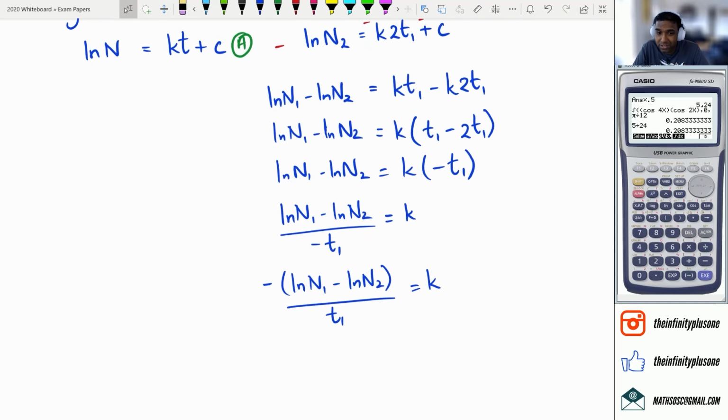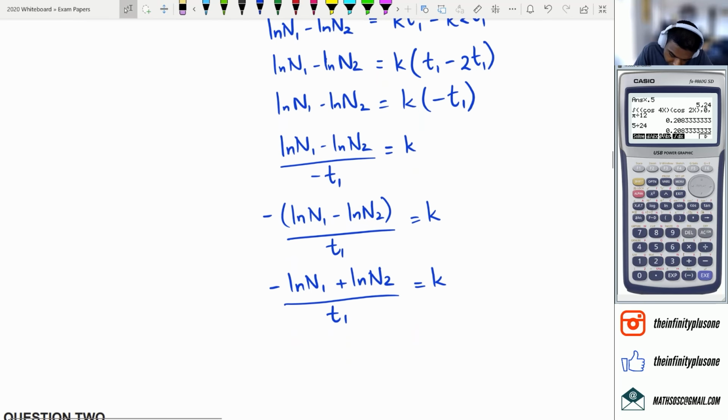Now, because that negative is there, I can expand the brackets and I get minus ln of n1 plus ln of n2 divided by t1 equals k. I can rewrite this as k equals ln of n2 minus ln of n1 divided by t1.